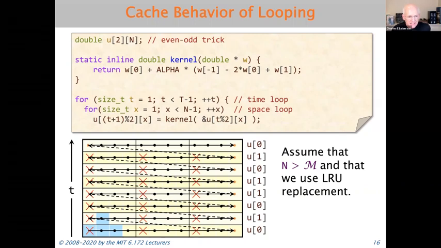And as the code scans to the right, it incurs a capacity miss for every cache block that it reads, because the cache is full and we have to evict something, and then we replace it with the thing that we're using, and then we go to the next one and we have to evict something to get that, and so forth.